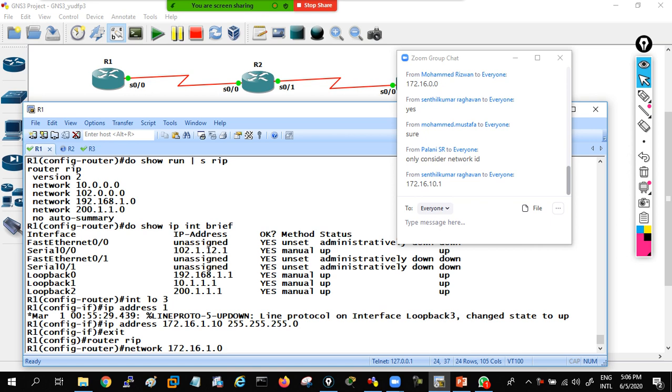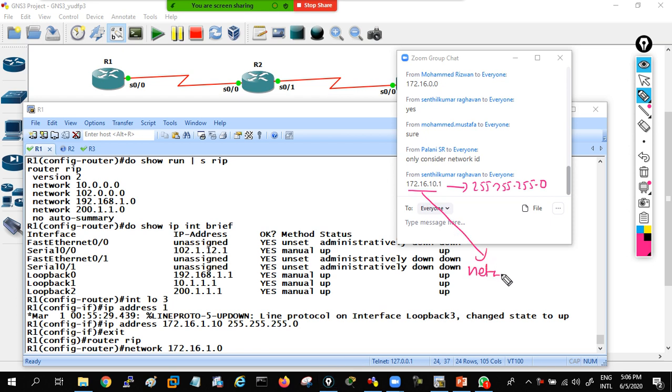If it is 172.16.10.1 and slash 24, which means class C, Senthil, in case you want to use that, you will say 255.255.255.0. Agree? So if you want to advertise this network, how will you advertise it?